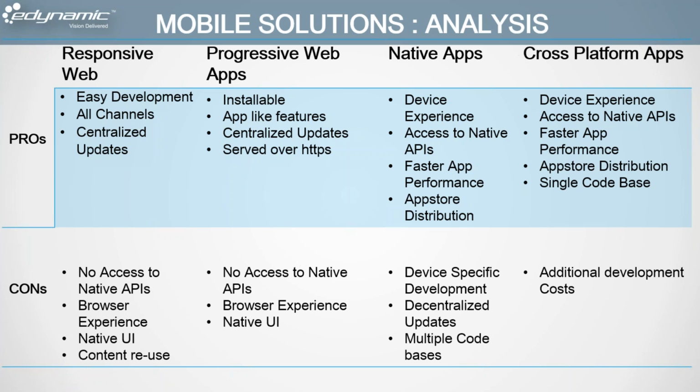When we talk about browser experience, ultimately everything would run on a browser since it is a web app. Though we claim that it gives you app like features, there are chances, and at times the user would definitely miss that native look and feel that these native apps provide.